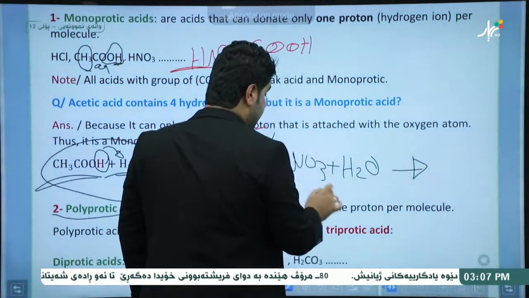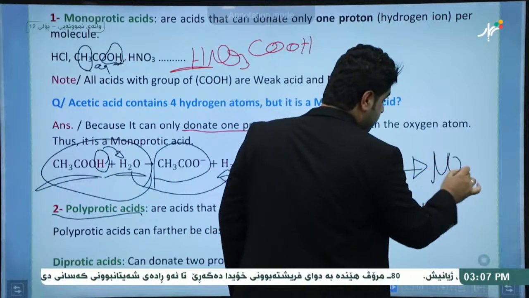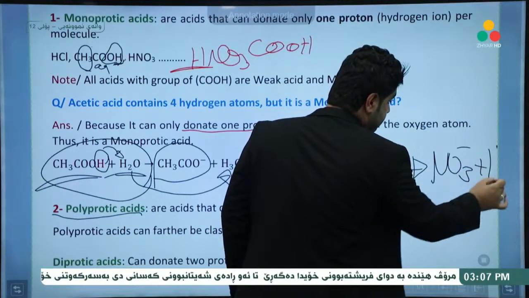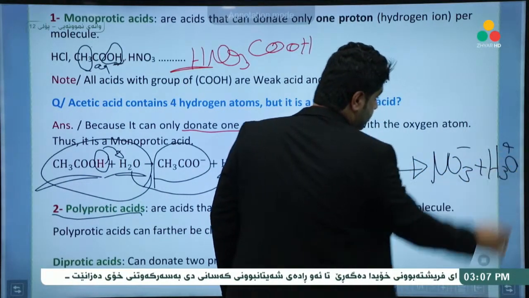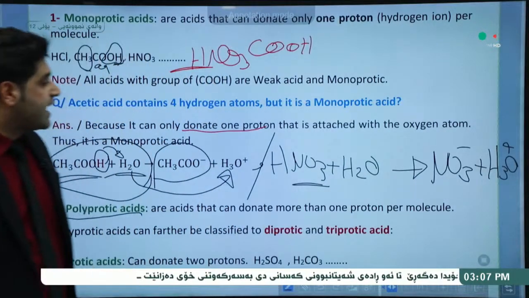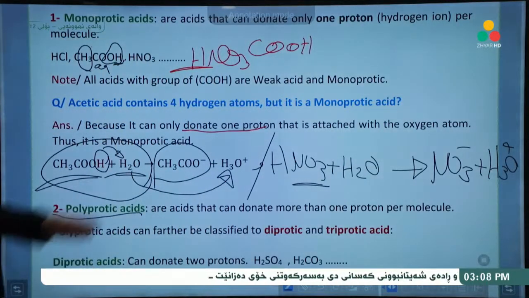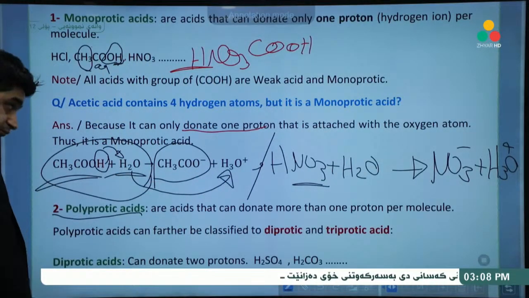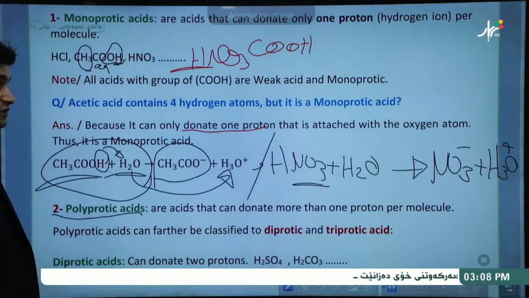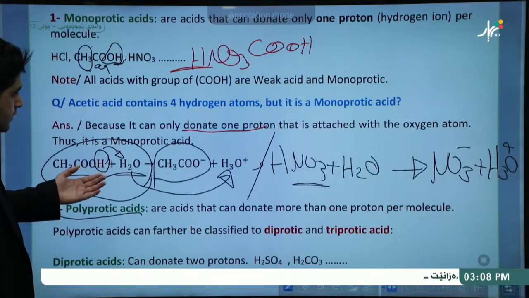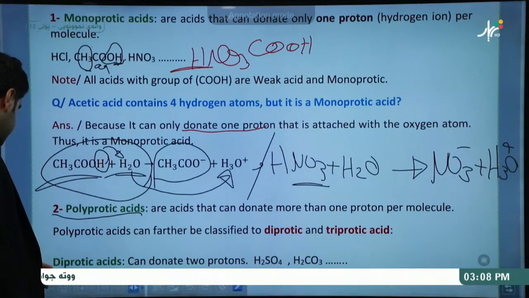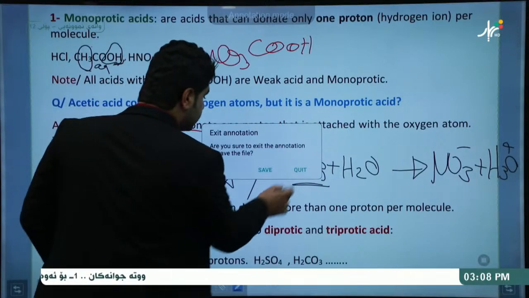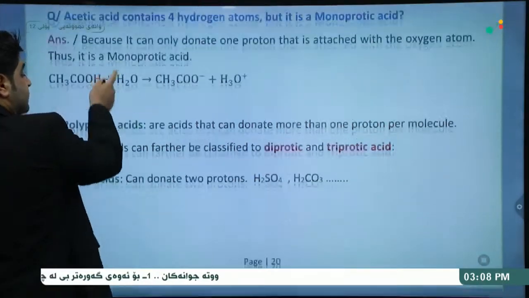It will be NO3 negative plus H3O positive, which is hydronium ion. They are aqueous, and the water is liquid. Superb. Now we know how we can write the ionization reaction for the monoprotic acids.